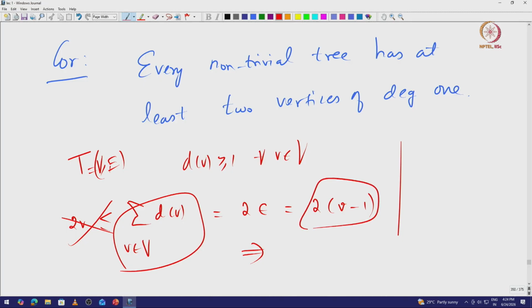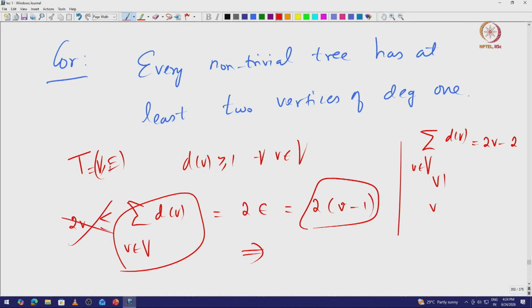Maybe the way we can do this, we write it like this: the summation of d(v) over v in V is exactly 2V minus 2.